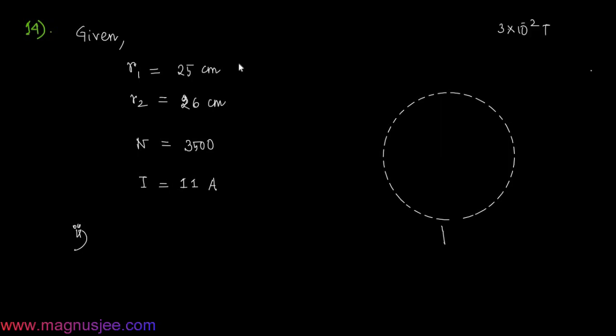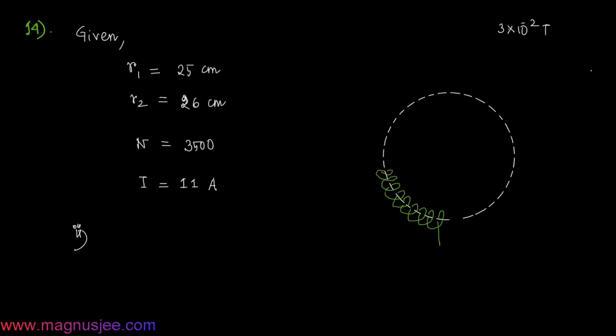This is the imaginary circumference of the circular toroid. In this case, a solenoid is bent in the form of a circle, and a solenoid bent in the form of a circle is called a toroid.